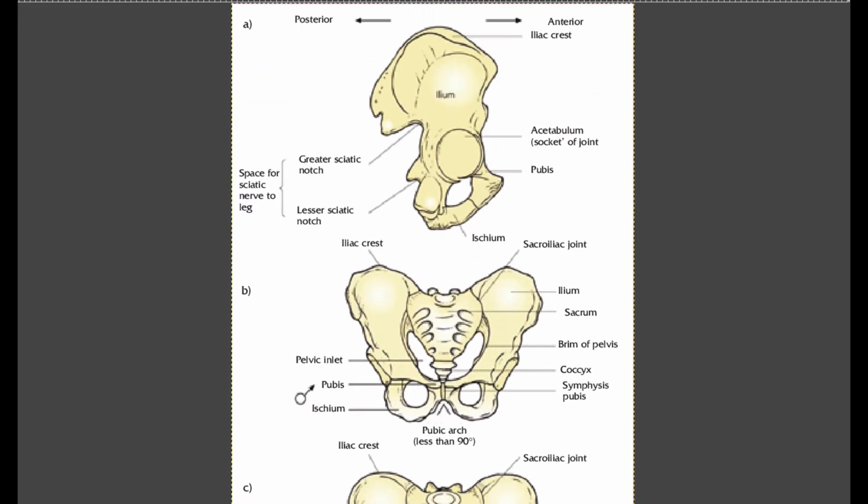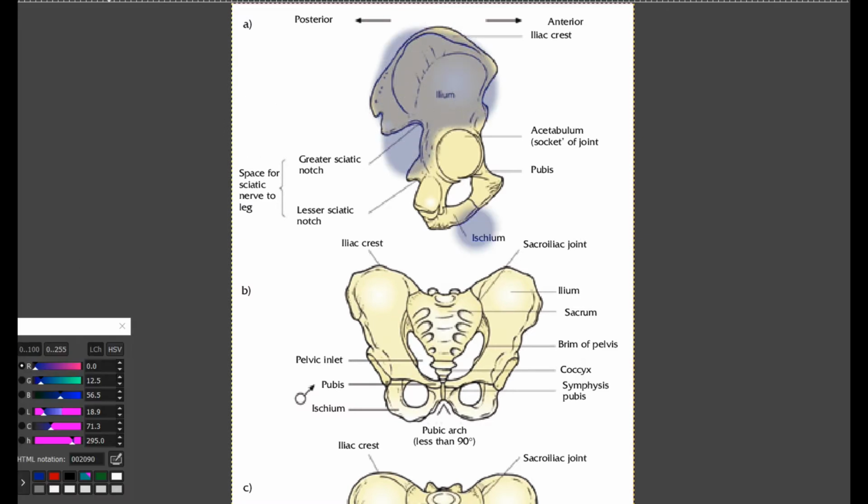So this is the ilium of the pelvis. Then down here, and lastly, we have another region right here called the pubis. So those are the three regions of the pelvis.